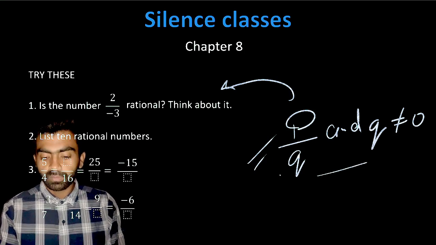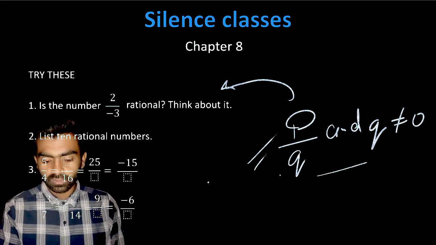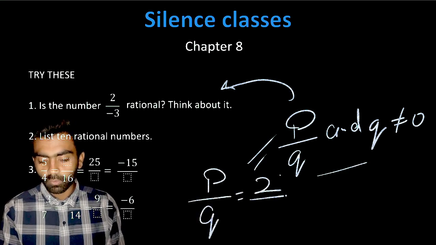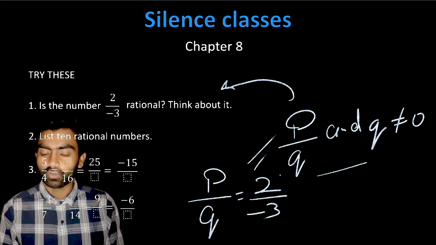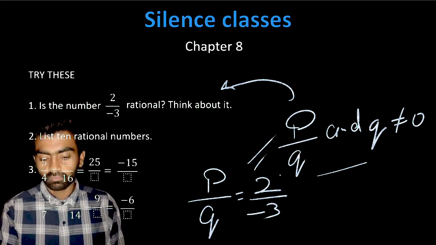So p upon q is equal to 2 upon minus 3. The numerator is 2, which is p, and q is minus 3, that is the denominator, and q is not equal to 0. It means yes, so we will write it down.